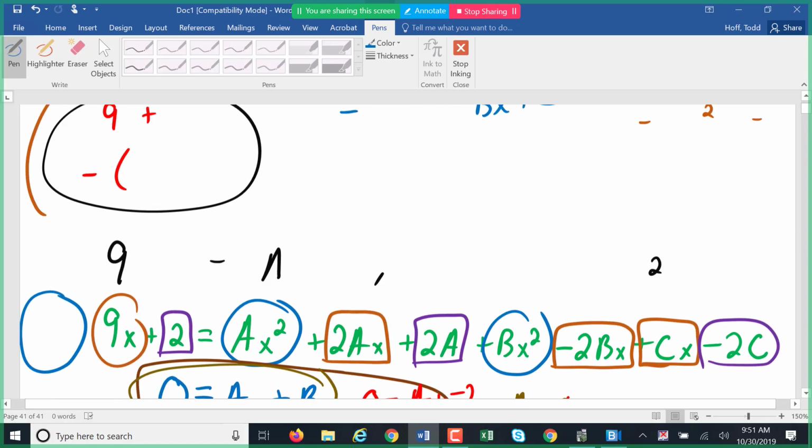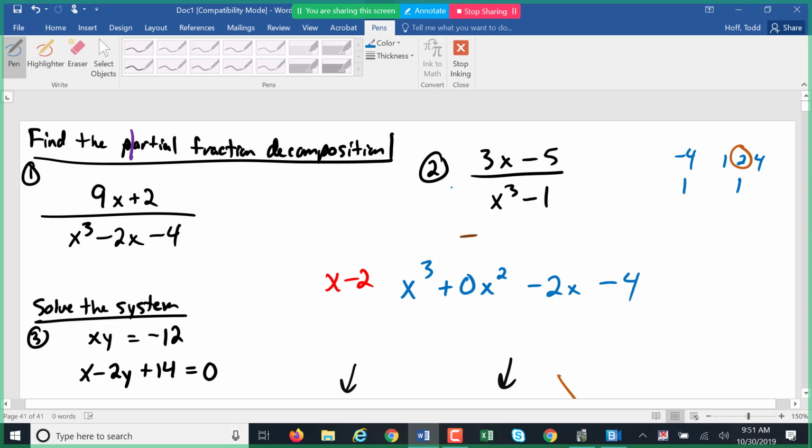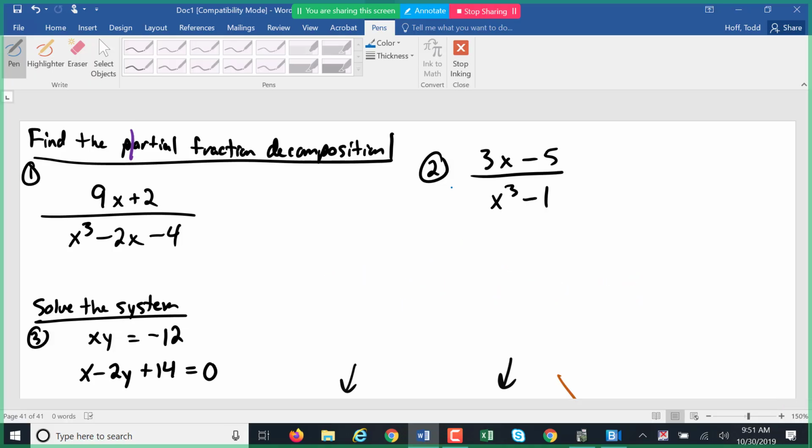Okay, example number 2 up here. Not going to go through the whole solution right now, but to solve it, you need to be able to factor that denominator. And to do that, you need to recognize that as the difference of cubes.